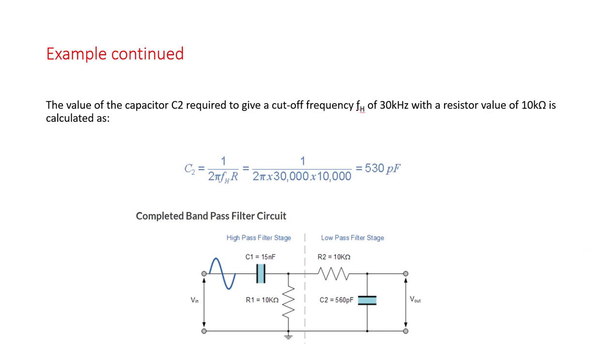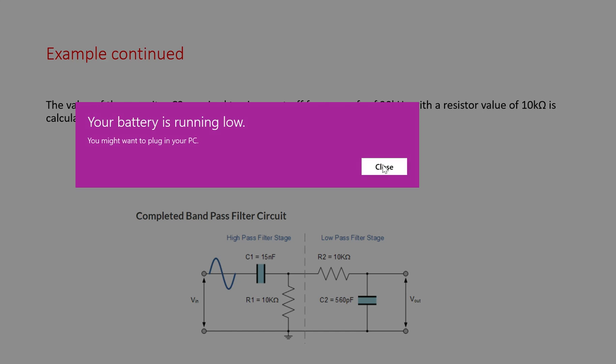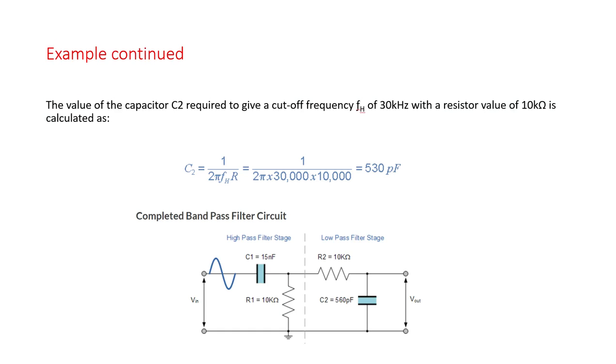This was the high pass stage 1 capacitance. Now for stage 2 we calculate the low pass capacitance. The low pass capacitance is calculated by the same formula, C is equal to 1 over 2 pi Fh R. R is the same, Fh is 30K now.